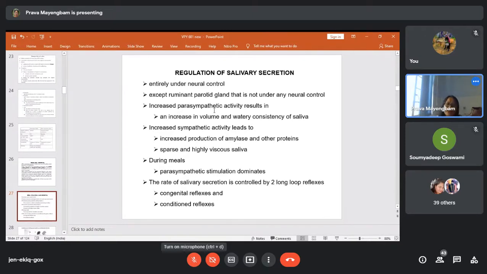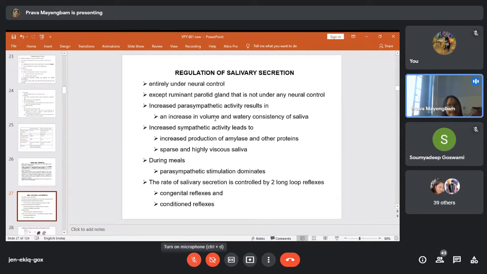So increased parasympathetic activity will result in an increase in volume. If we talk of the parasympathetic nervous system, you have to think that it is going to help in digestion. And if we talk of the sympathetic nervous system, you think that if activated, it is going to inhibit digestion.